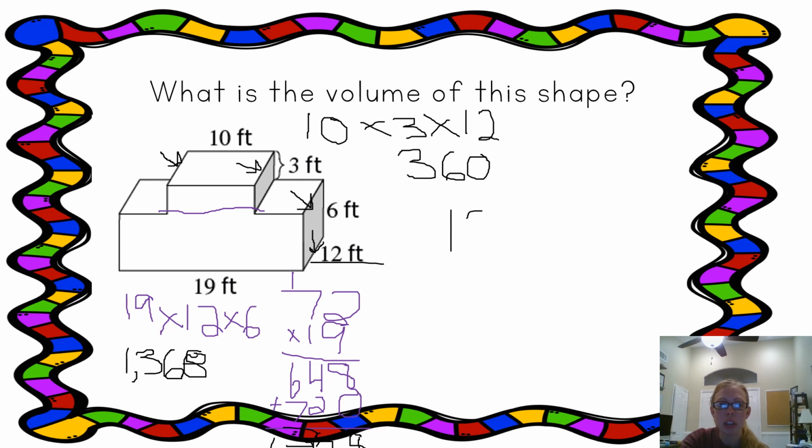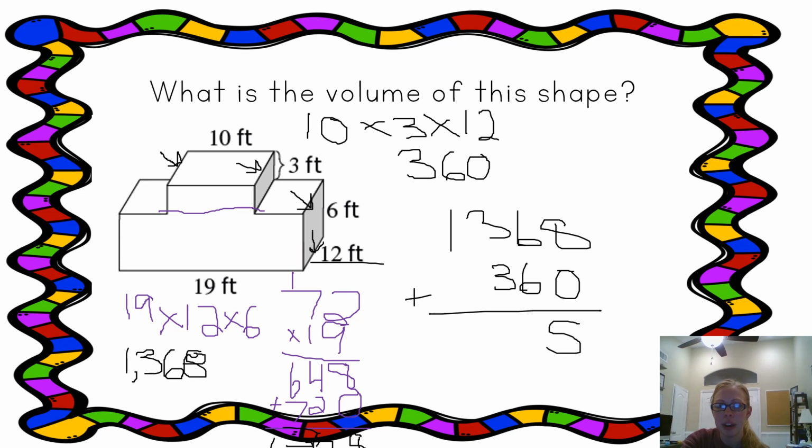So 1,368 plus 360, I add up here, gives me 1,728 cubic feet.